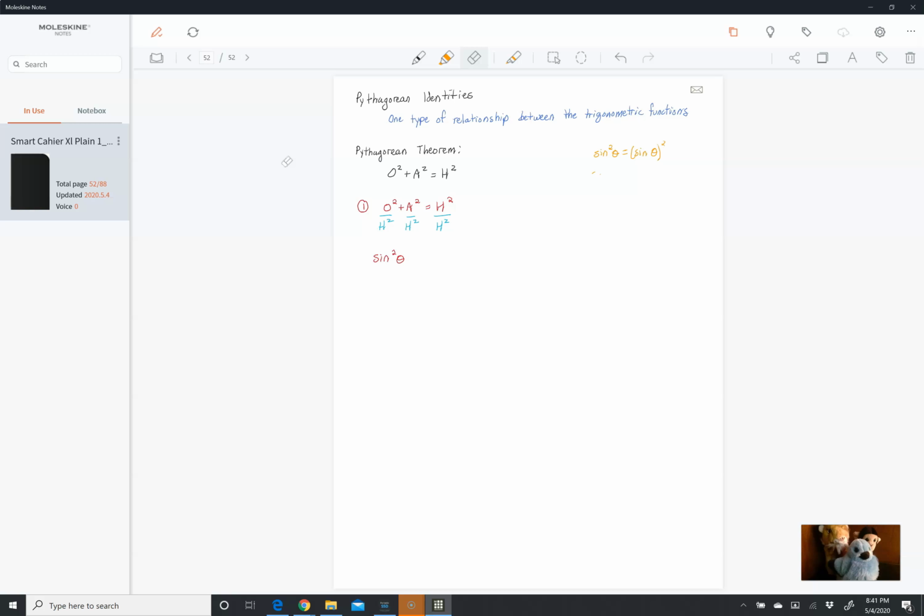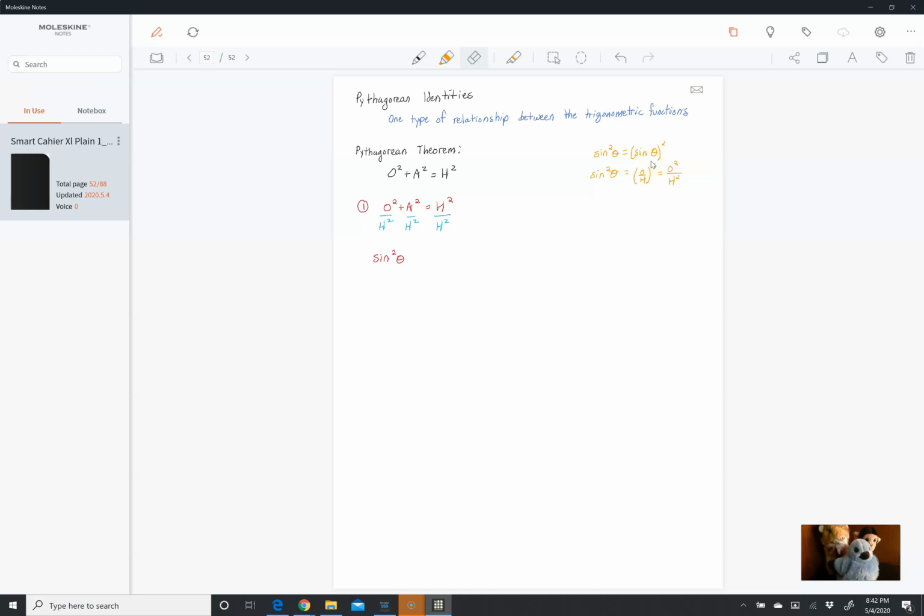Okay, so sine squared theta is the same thing as O over H squared, or O squared over H squared. This is a shortcut. Remember, mathematicians are super lazy. This saves us from writing the extra parentheses, okay? You are not squaring just sine. You are squaring the sine of theta.